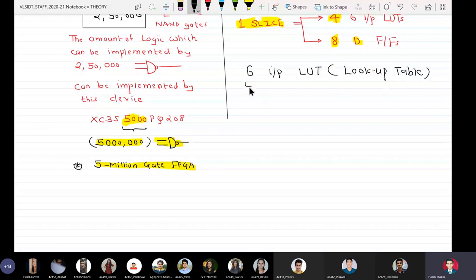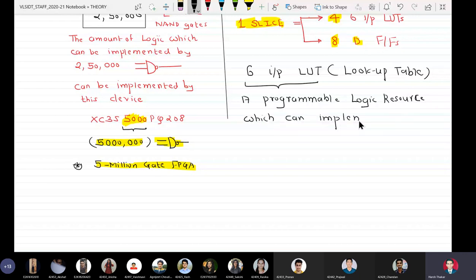The 6 input LUT is a programmable logic resource which can implement a 6 variable Boolean function.